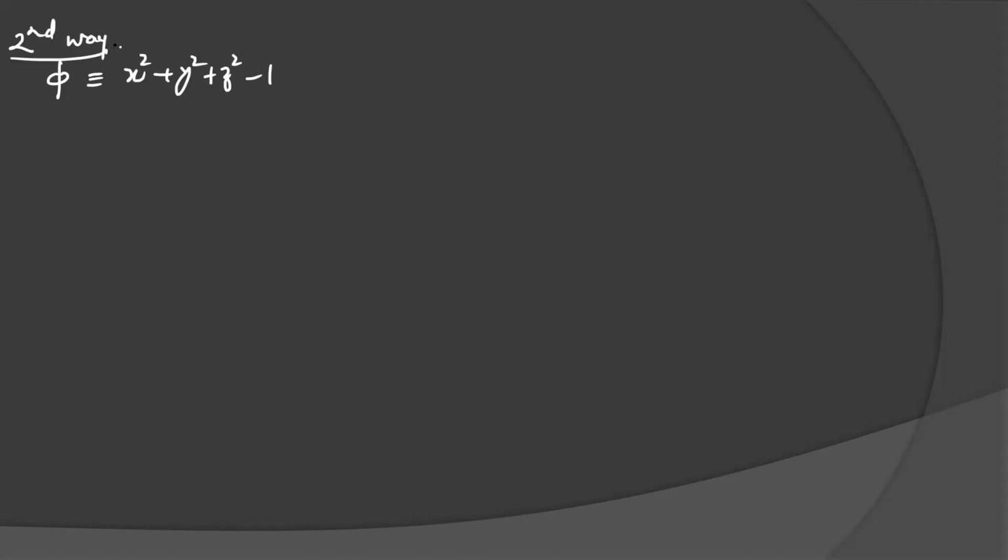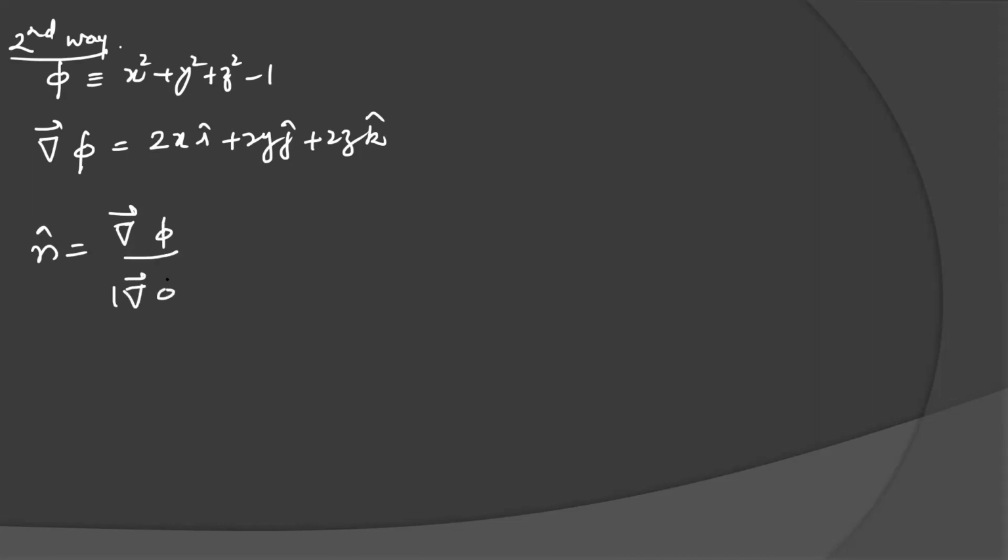But in the problem, it's given in the xy projection, that's why I took n cap equal to k cap. But if you don't know, you can use this method also. Then del phi is 2xi plus 2yj plus 2zk if you find the gradient. So n cap is del phi over the magnitude of del phi. You can take n cap at any point of S.